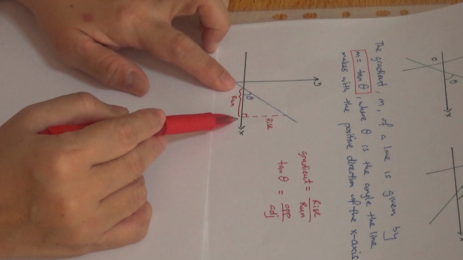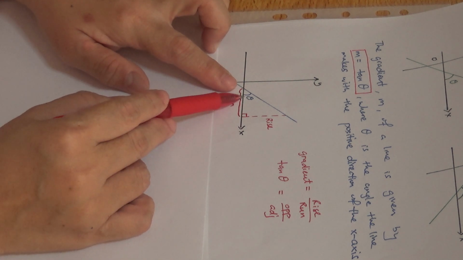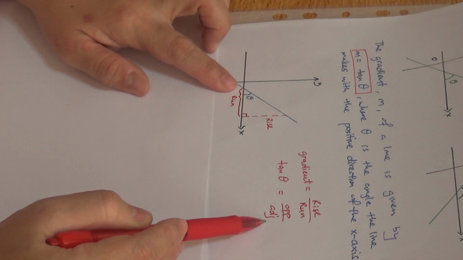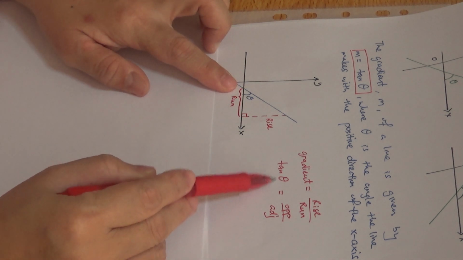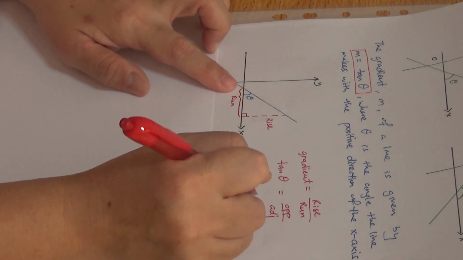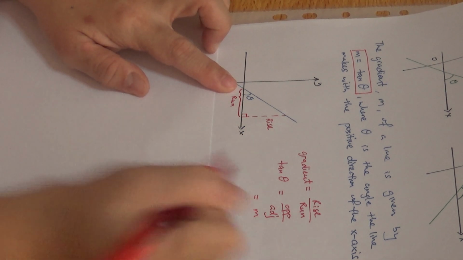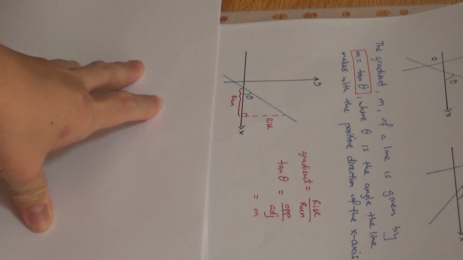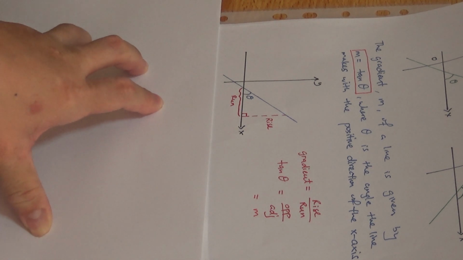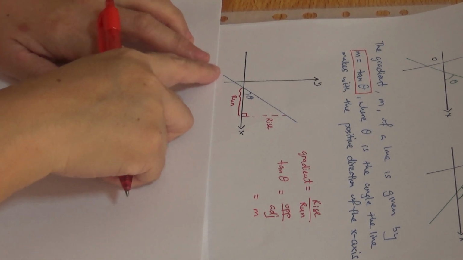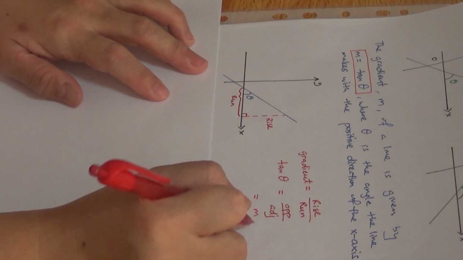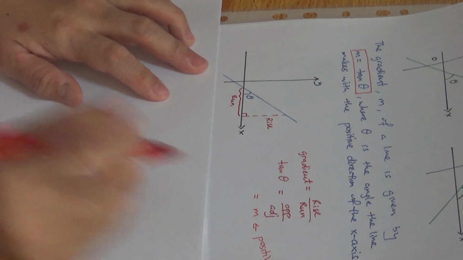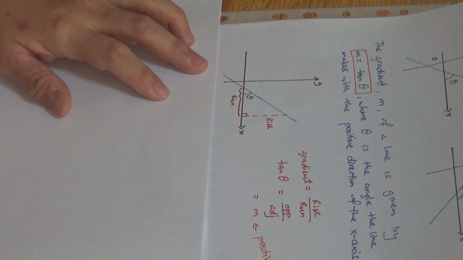Now according to SOH CAH TOA, tangent theta is opposite over adjacent. So opposite over adjacent will give me tangent theta, and this will give me the gradient, which is equal to m. So note that because this is slanting this way, this m is a positive value.